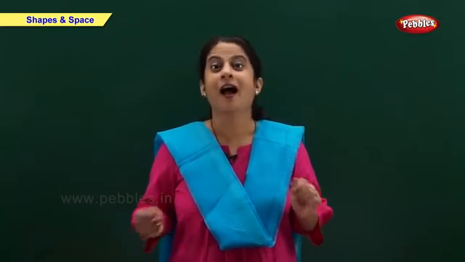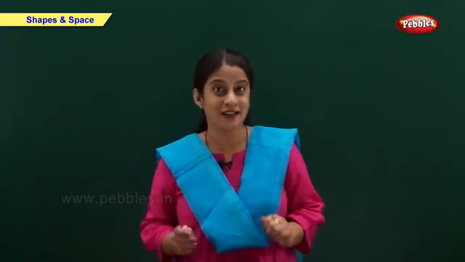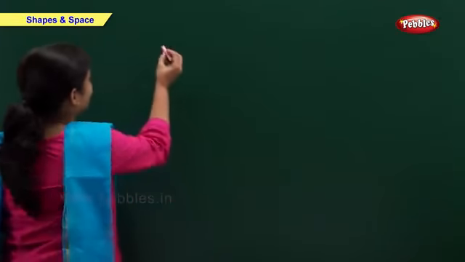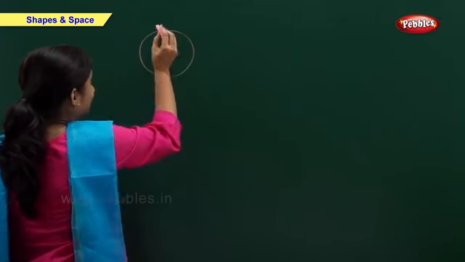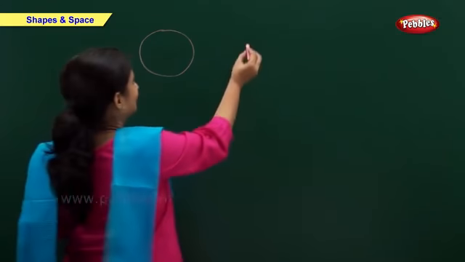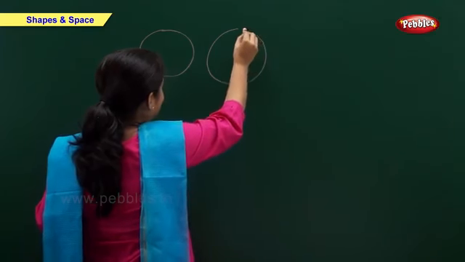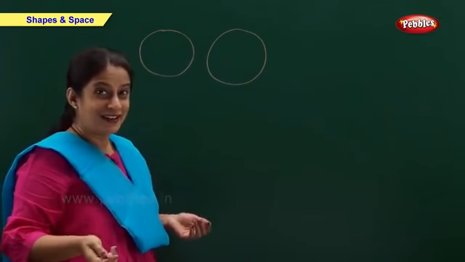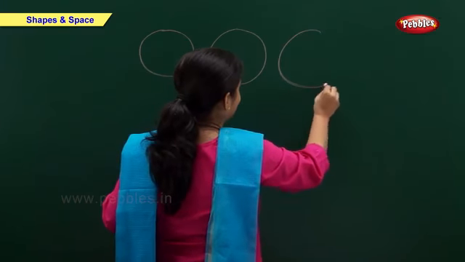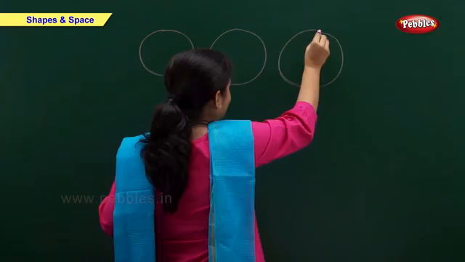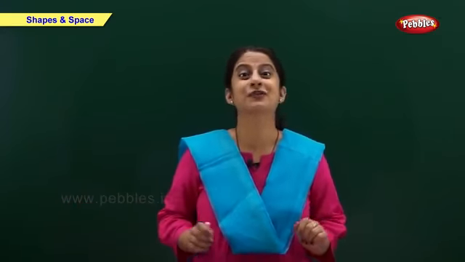Now let us learn how to draw shapes. Now let us draw a circle. Circle. Circle. Circle. Now let's draw a square.